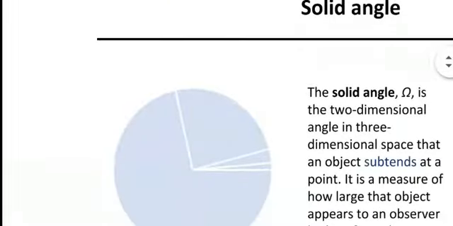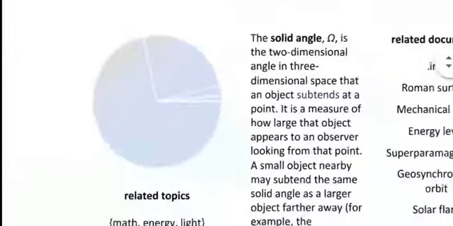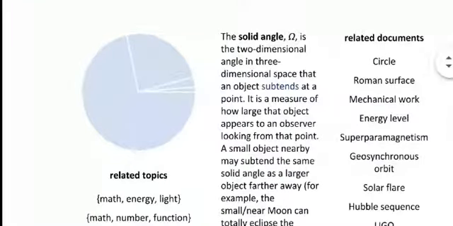It is a 3D angle subtended by an object. You don't have to worry too much about understanding this concept, but at least get what we need to know for the sake of antenna engineering. So this is something that I have taken from somewhere.